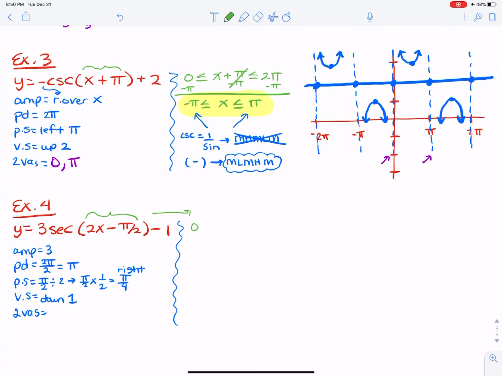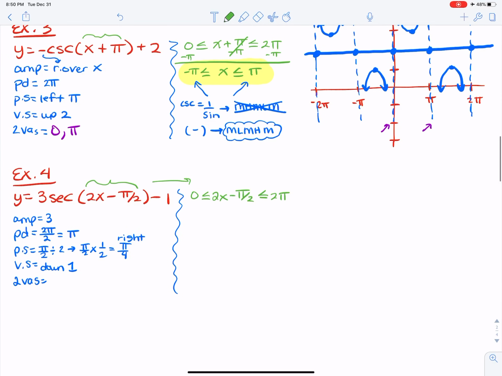0 is less than or equal to 2x minus pi over 2, less than or equal to 2 pi. And we are going to add pi over 2. Y'all know what that is. Less than or equal to 2x, less than or equal to 2 pi plus pi over 2 is 5 pi over 2.